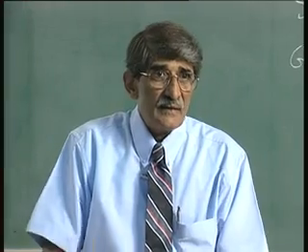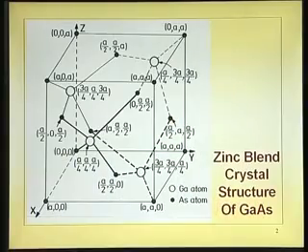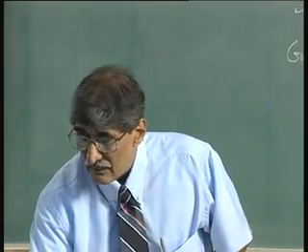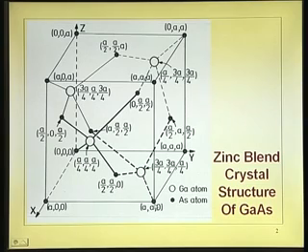All that you remember is arsenic atoms on all the corners and all the face centers, and 4 gallium atoms inside. Each one of them is located at a by 4 from a corner. Move diagonally opposite on the same plane, and the coordinate with respect to that turns out to be 3a by 4, a by 4.